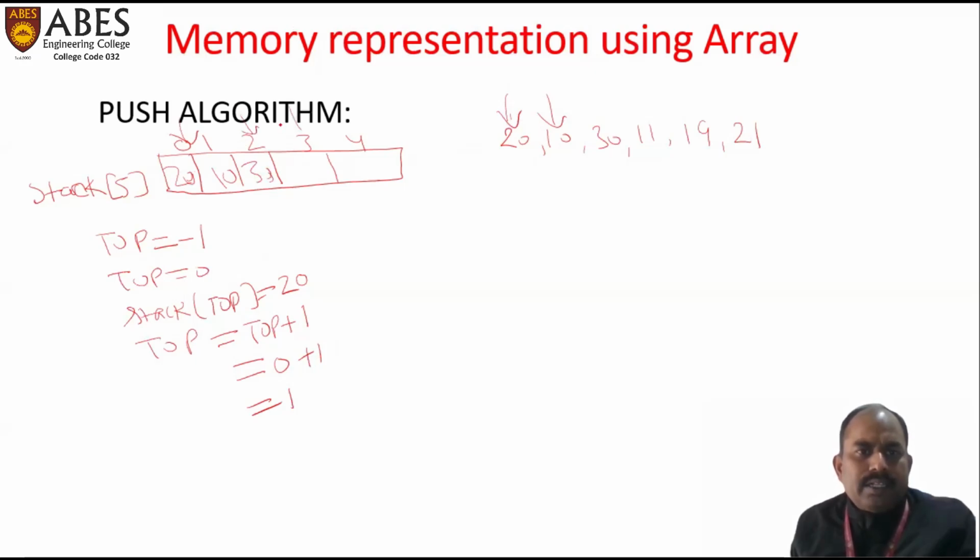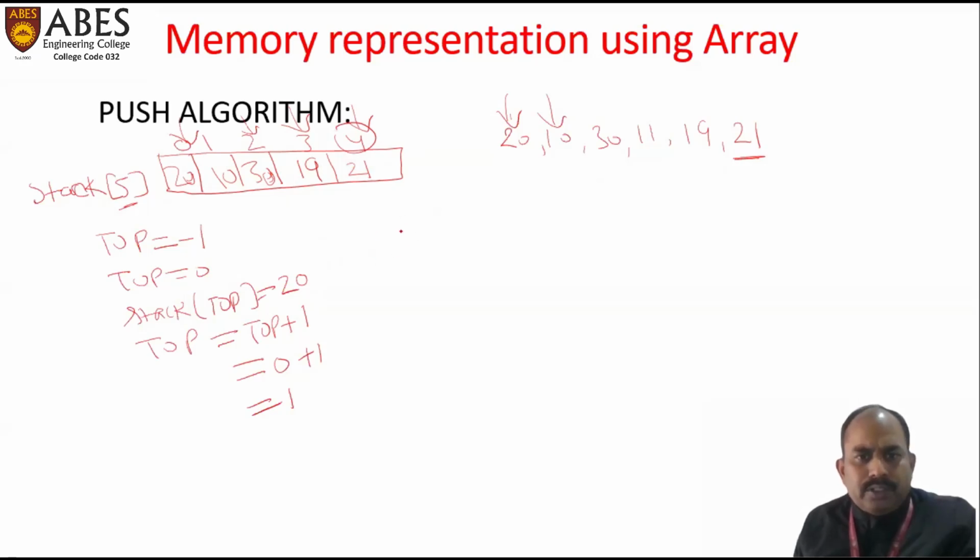Then we increment the value of top, and we can insert 19. And if we increment the value of top to 4, we can insert 20. Now we can see the stack is full. So here if the value of top is size minus 1, and size is 5 here, then we can't insert 21. So this condition is called overflow.